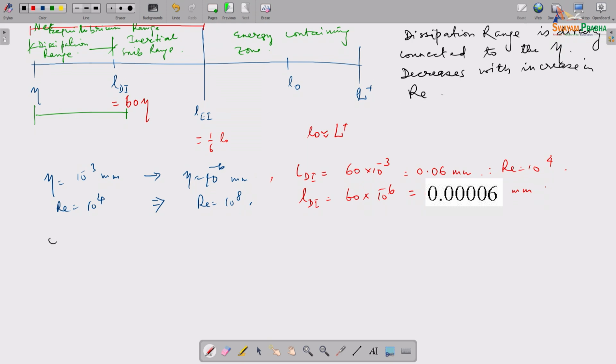Now the size, the characteristic length, but let's just say size.